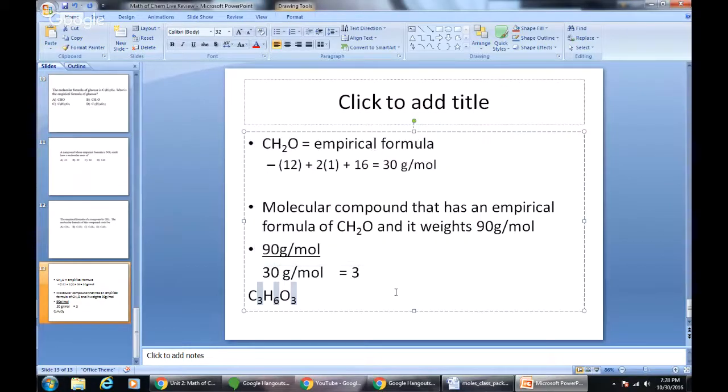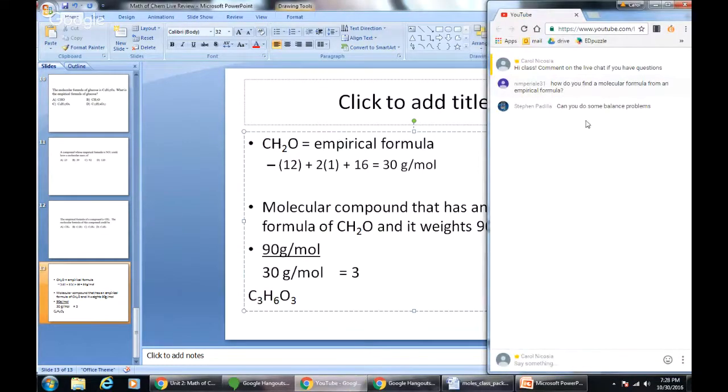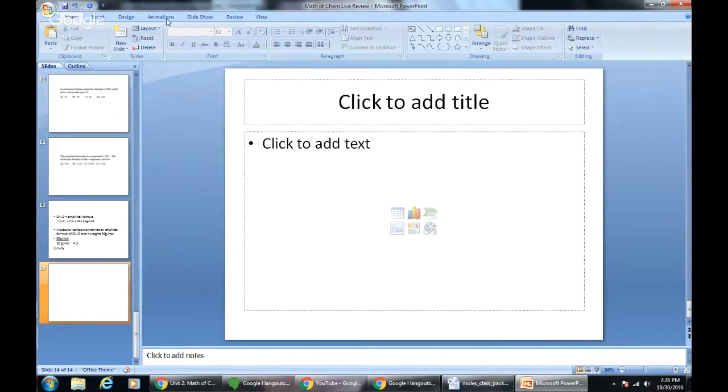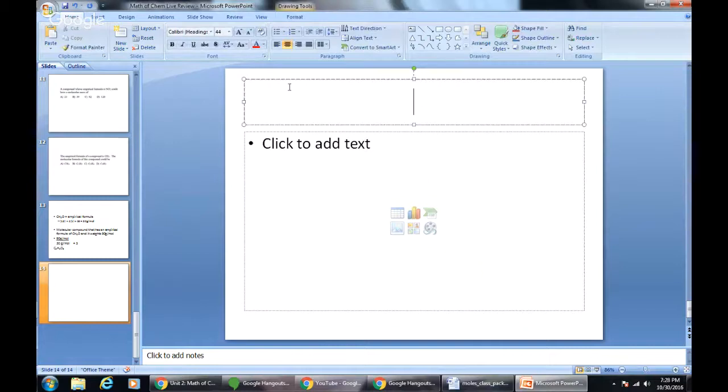Okay, so let's do gram formula mass again and percent composition. I think that'll help us too. Let me make sure you're all good. Oh, balancing problems, I can do those too. All right, so let me do gram formula mass quick. Gram formula mass is just what a mole weighs, so you add everything together. Let's do an easy one, H2O. What's the gram formula mass of H2O?